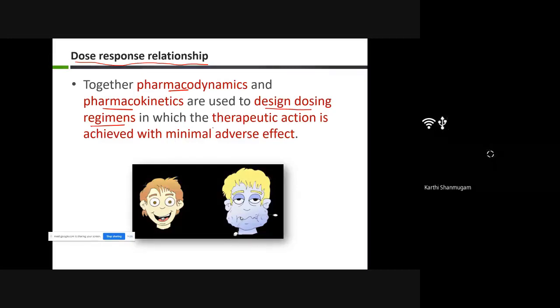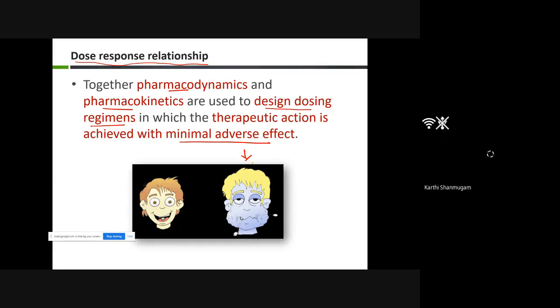The reason for this is that we always want to achieve maximum response with minimal adverse effect. This is a very interesting slide because all drug molecules will produce some amount of adverse effect. We cannot figure out any drug molecule that has zero adverse effect.